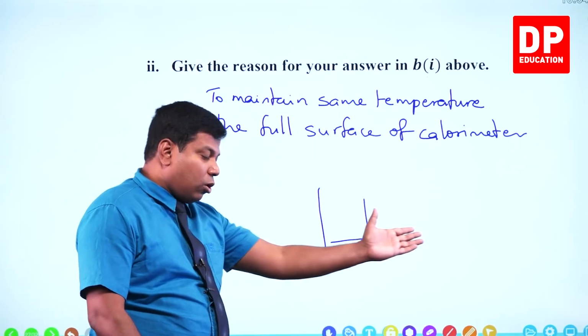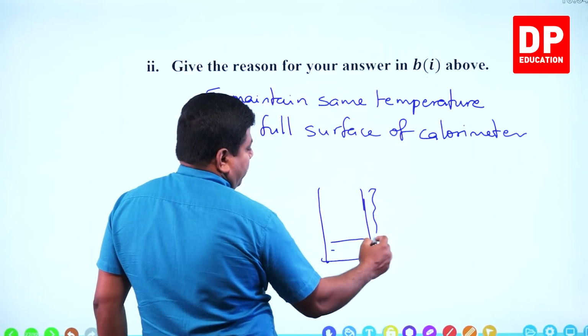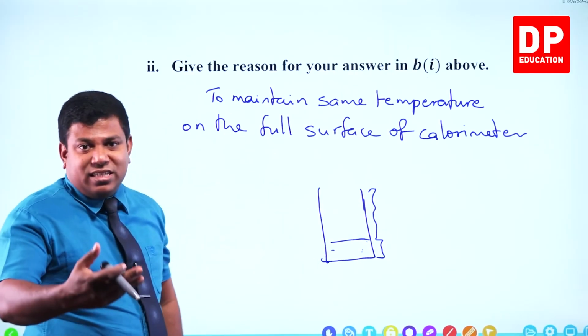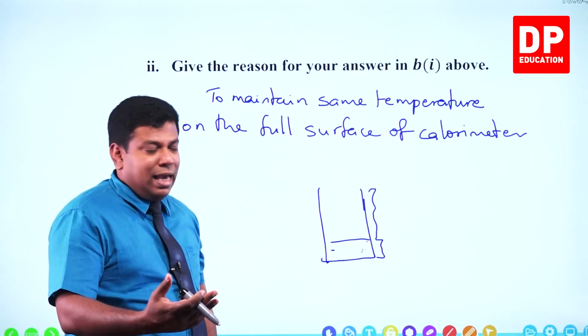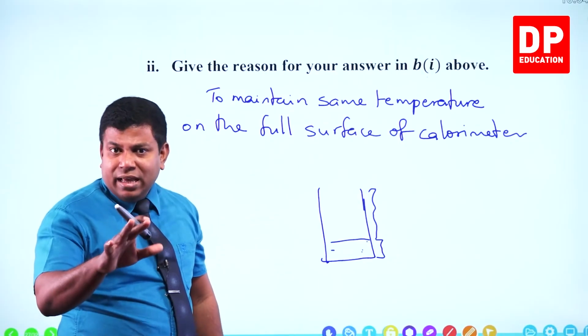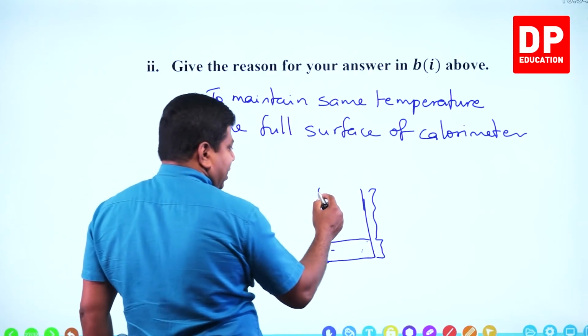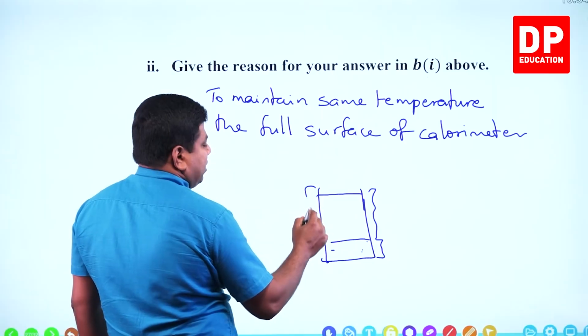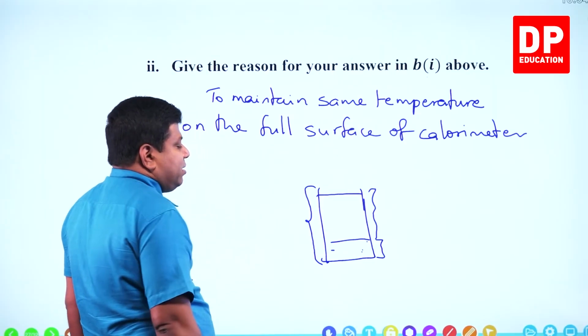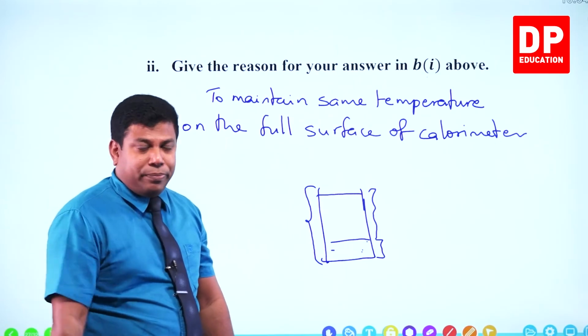If water is 80, that also will be 80. Whereas the rest of the calorimeter, say this part, will not be at 80. That might be 60, 70, close to 80. Then our cooling conditions and cooling rate, everything is going to be different. It will give you errors. Whereas if you fill it up to here, then we can say more or less all the calorimeter surface is going to be at the same temperature as the water.